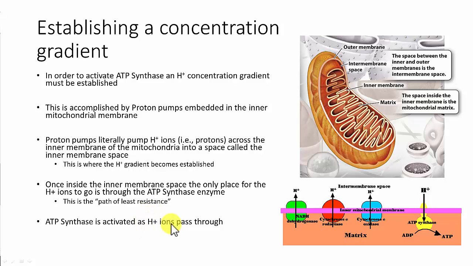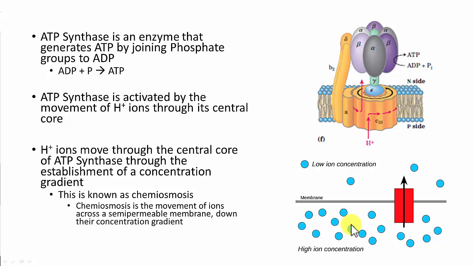As a series of steps, they're going to pump these hydrogen ions into this space here that will create the high concentration, which will then generate the gradient to move through the ATP synthase complex to activate the enzyme to produce ATP.